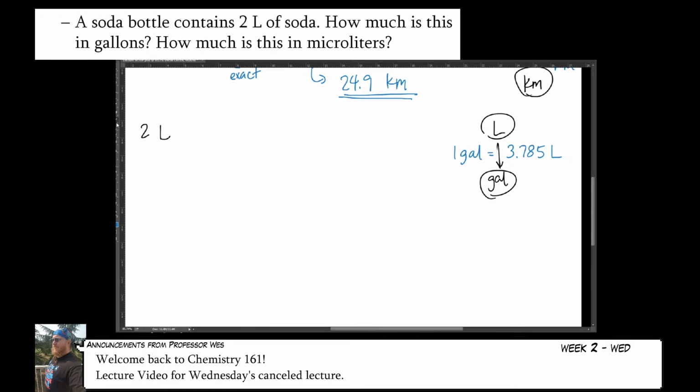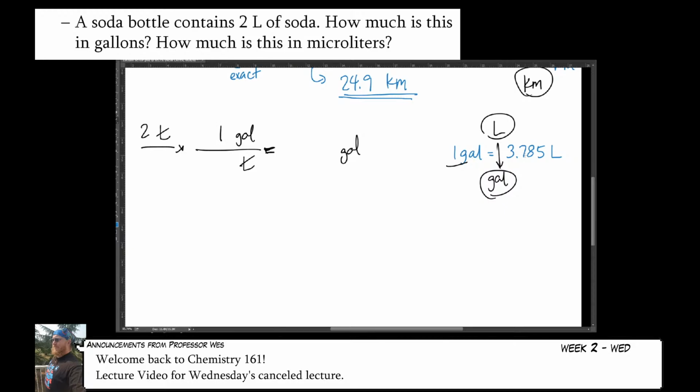Same as before, I don't want liters. Let's get rid of it. That'll give me gallons. So I want an equals there. My units check out to be what I want them to be. So I can now do the numbers.